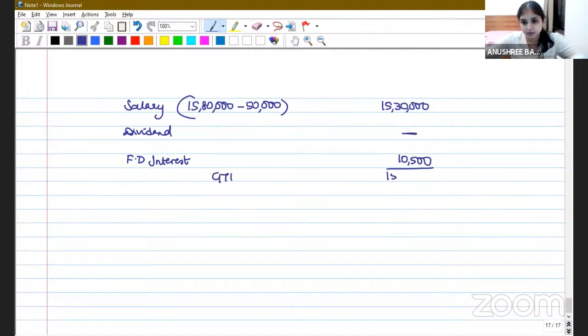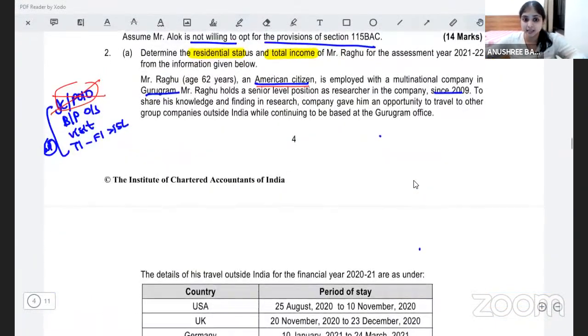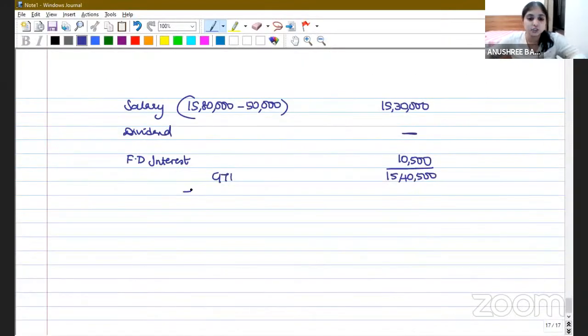His GTI will be 15 lakhs 40,500. Now if you see, assessee is a senior citizen. And for senior citizens, you get Section 80TTB benefit, FD interest, maximum 50,000 allowed as a deduction. Here only 10,500. So 15 lakh 30,000. This will be your assessee's total income.